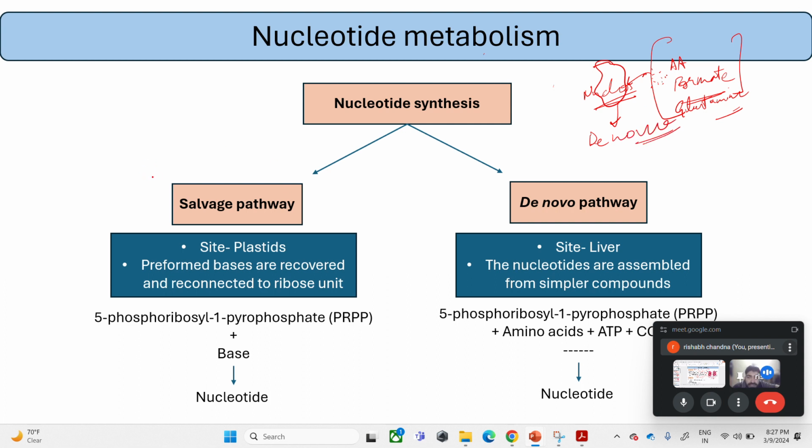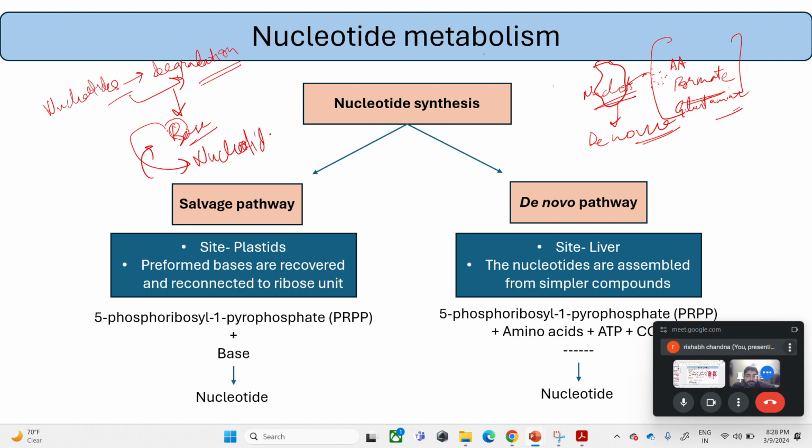And the salvage pathway is when, during degradation, some of these nucleotides are broken down. When nucleotides go into degradation, they tend to form bases rather than the complete nucleotide, and these bases can be transformed into nucleotides again. The base that comes from the degradation of the nucleotide we call a preformed base.